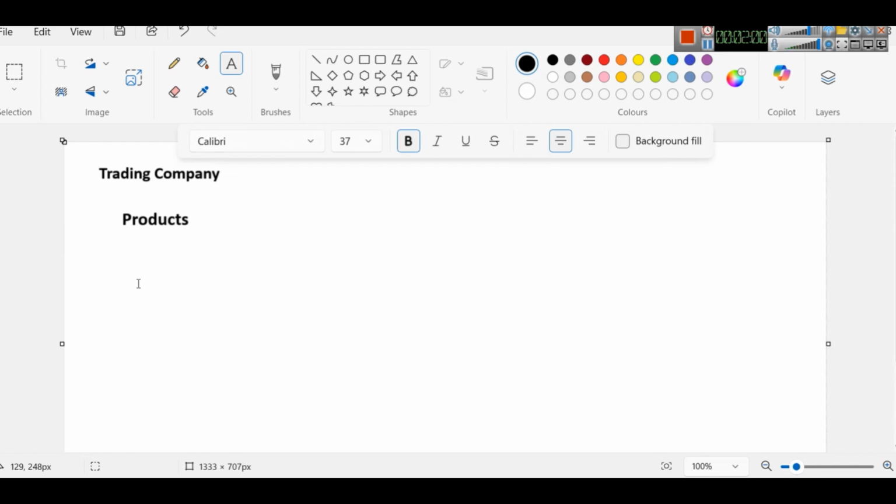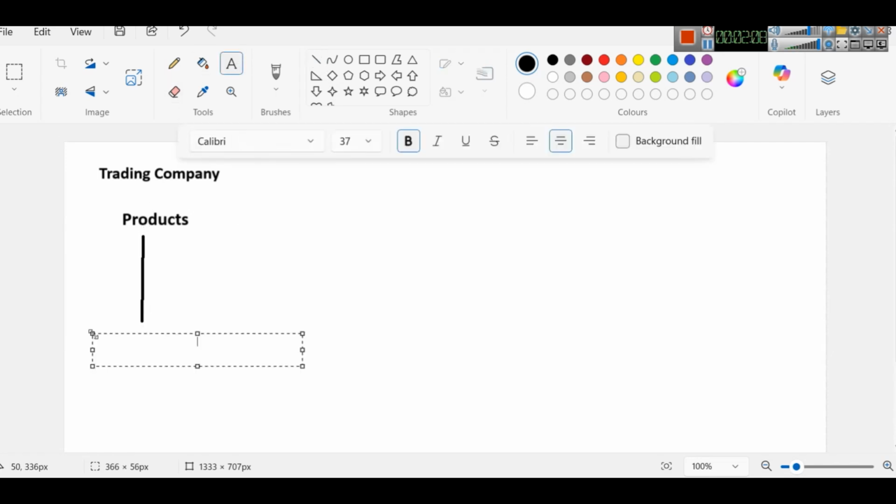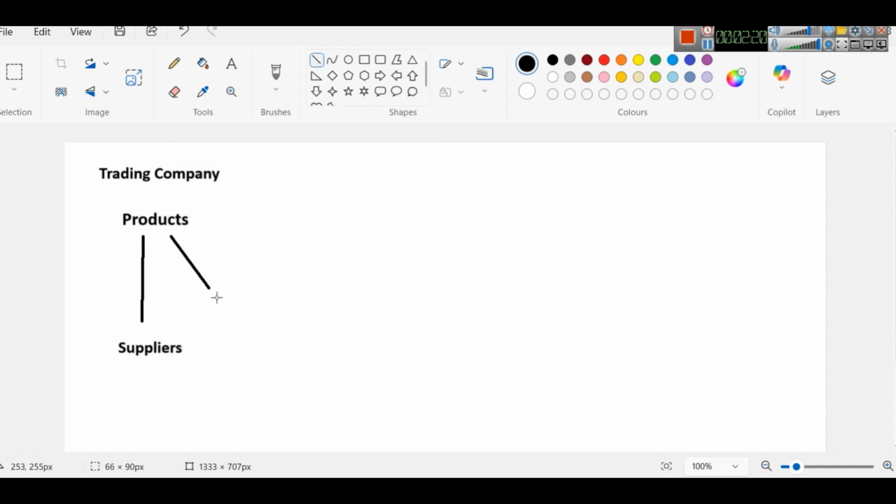Now there will be some suppliers who are supplying these products to us. So that will be suppliers. Is it okay? When suppliers supply these products, they may be of different categories.